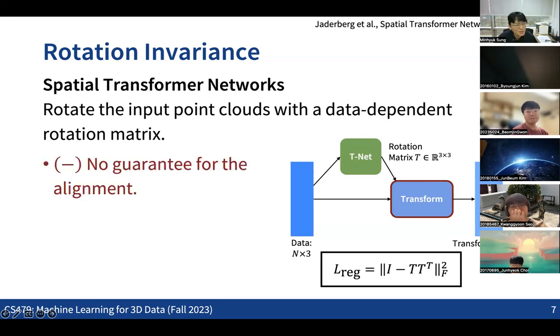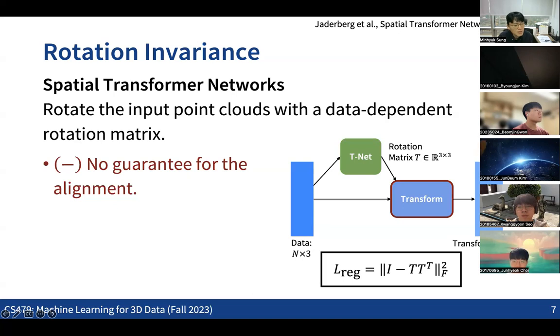We just hope that the neural net learns this rotation in a way that the network can run everything in a more efficient way. Then aligning all the points into the canonical pose might be the best way to achieve efficiency in the learning. Obviously, there is no guarantee to achieve this alignment. So this was the first limitation.